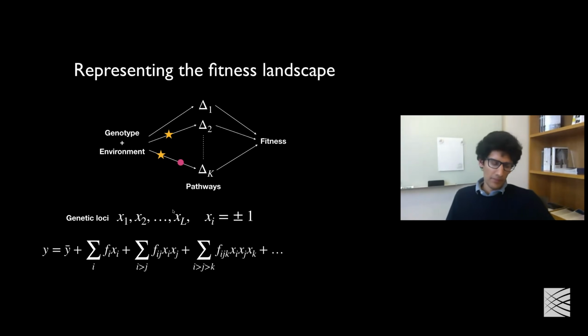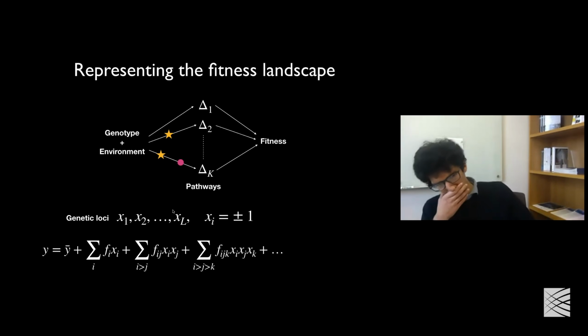My second question was related to how the cartoon on the top relates to the bottom. On the bottom, if you have a polynomial and you allow yourself whatever terms you want, you're going to be able to fit a function. In particular, you mentioned how we can think of some of the terms in the polynomial on the bottom relating to actual biological things that are of interest.